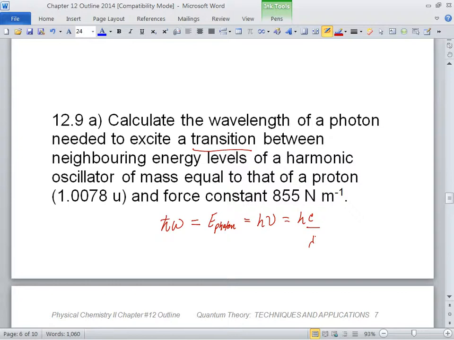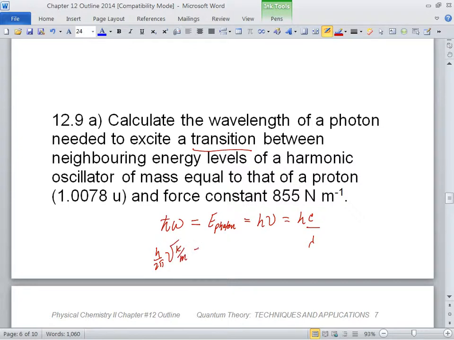Oh, but hey, Alyssa, you see a problem? When you substitute omega as the square root of k over m, what do you use for little m? Because they told us the k is right over there, 855. What would you use for a little m? Yeah, because you're going to have h over 2 pi square root of k over m.